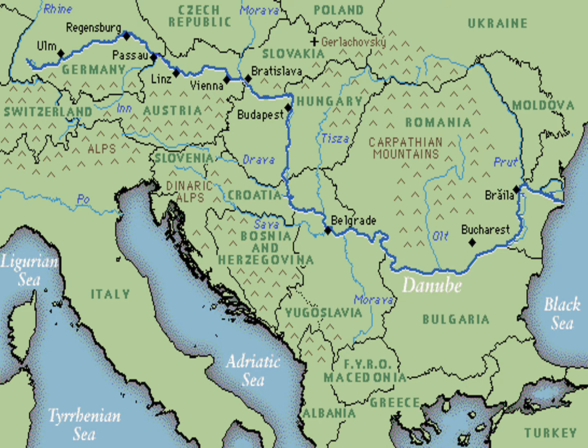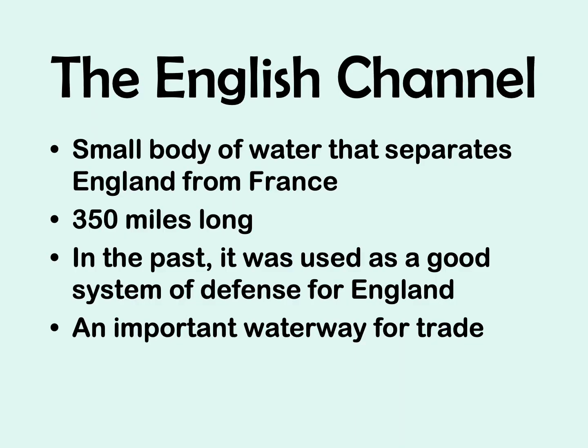It's going to go all the way through Germany, Austria, Hungary, Croatia, Bosnia, Yugoslavia. It's really going to help trade for those countries because it's going to take in things from the Black Sea on the right-hand side all the way into Europe. So make sure that you know that trade is really going to be affected by the waterways.